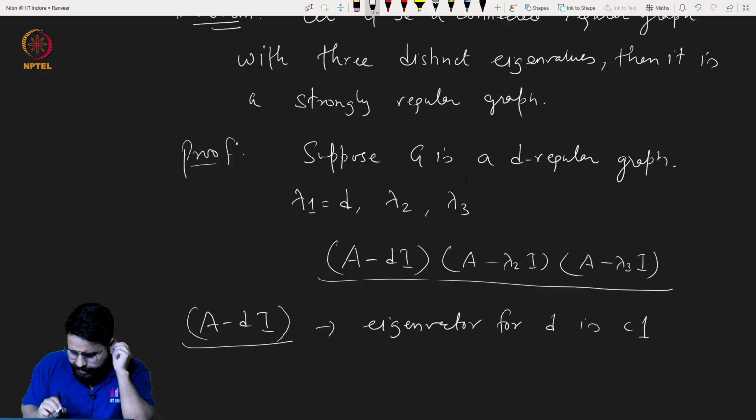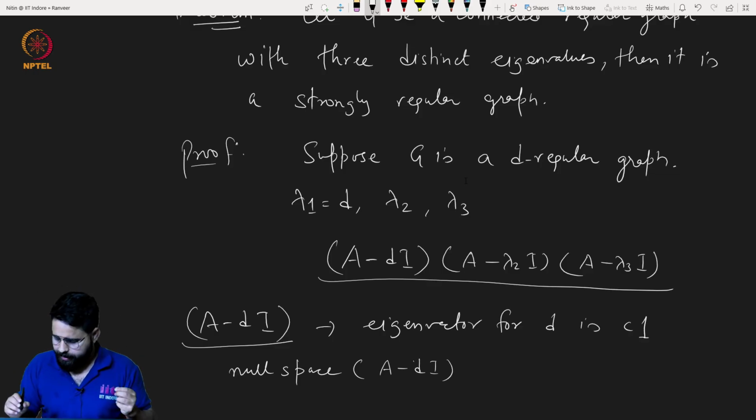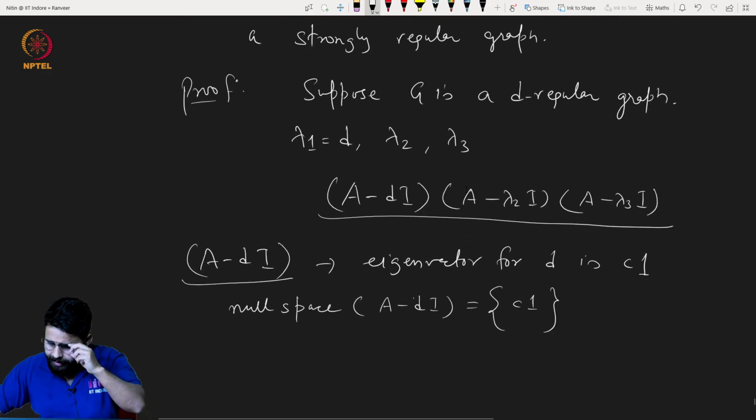Basically, if you see the null space of A minus dI, it just follows from the eigenvalue-eigenvector definition, Ax equals lambda x. Right now here, A1 equals d1, right? So the null space of this consists of all the vectors of the type c times 1. Okay, right?